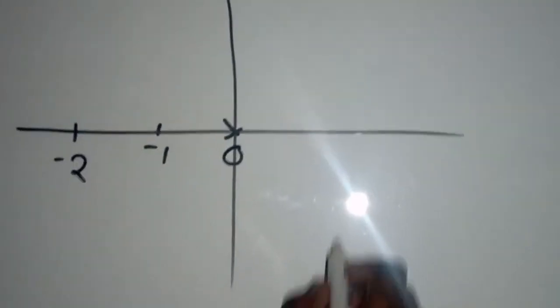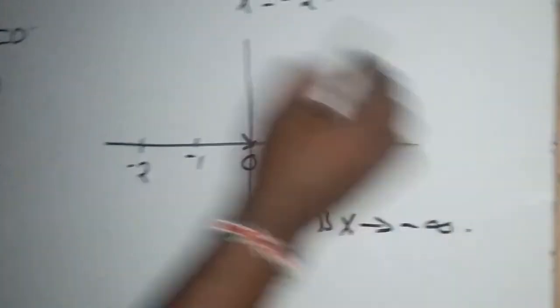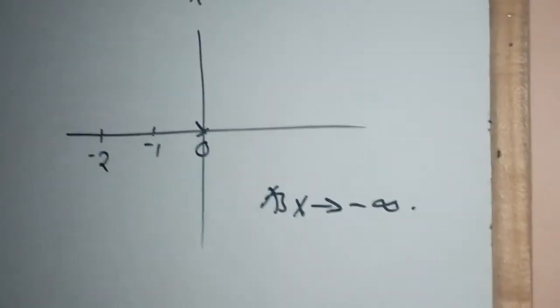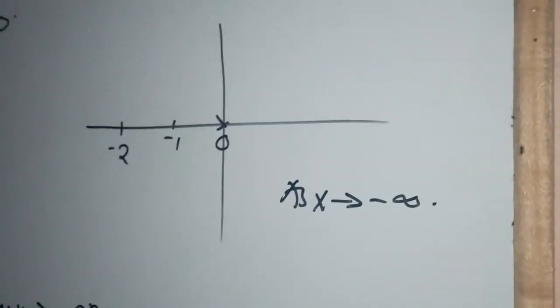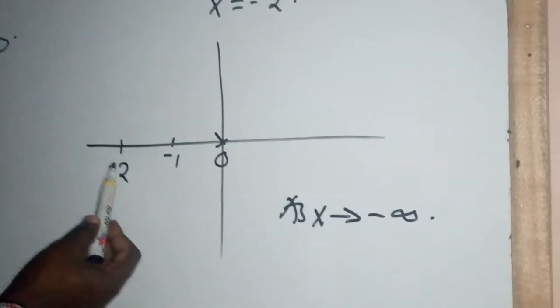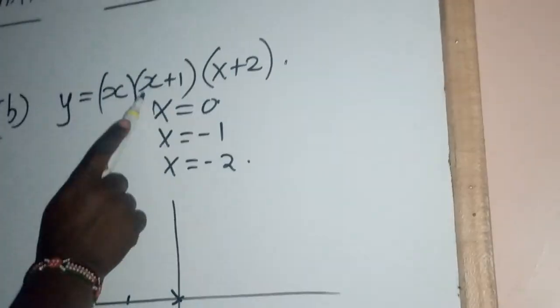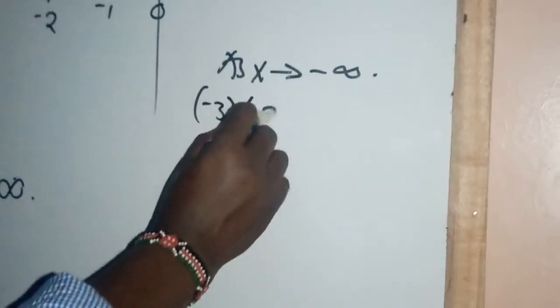And we need to understand, as x approaches negative infinity, how does y behave? Negative infinity starts from -2 to the left. That means x is going to be -3. This bracket gives us -3. The second bracket gives us -3 plus 1, -2.